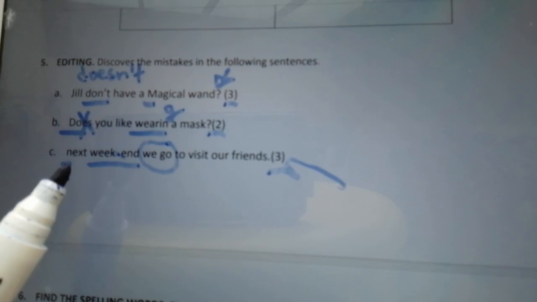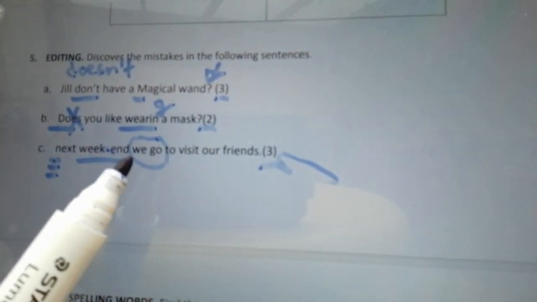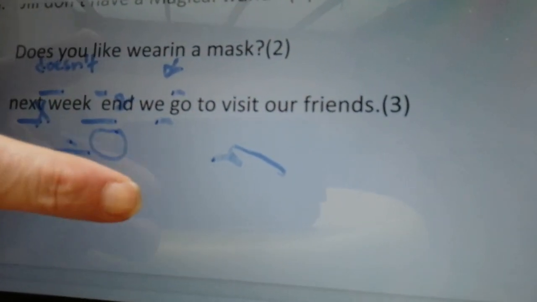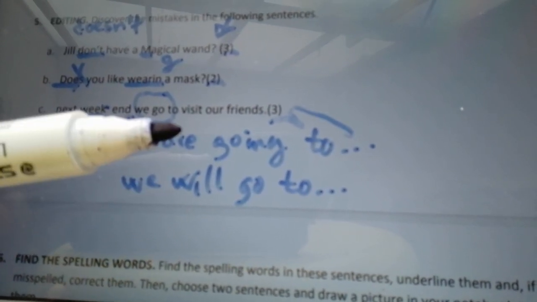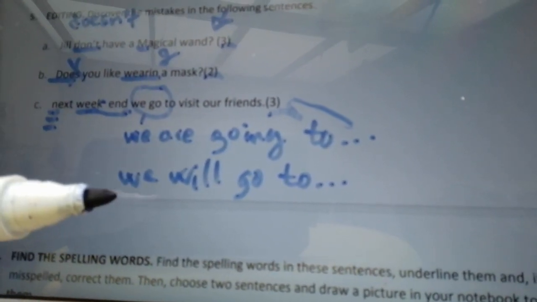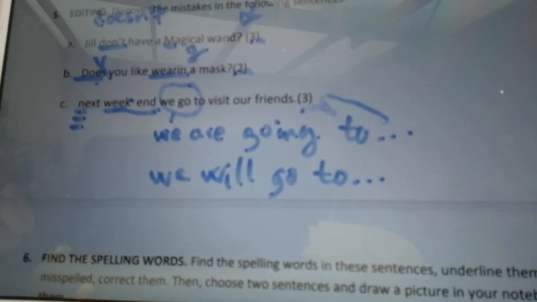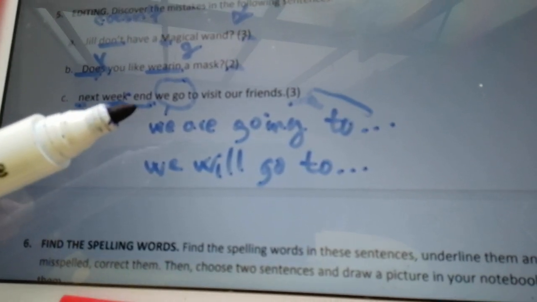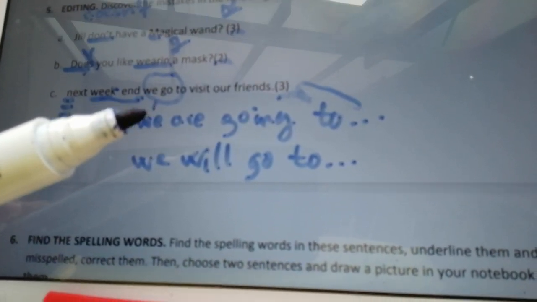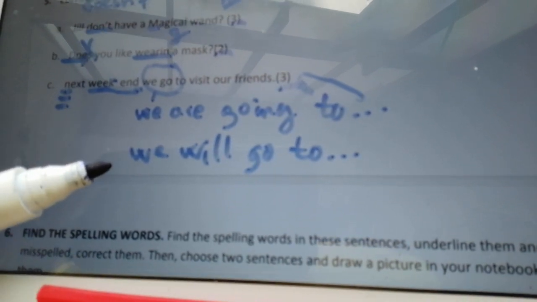And here, because I know it's next week, it's a future, I'm going to say next week we are going to go, we're going to visit our friends, or we will go to visit our friends. So one, the capital letter, the hyphen, or putting it together as weekend, and then using the two different options for the plural form of the verb to go.